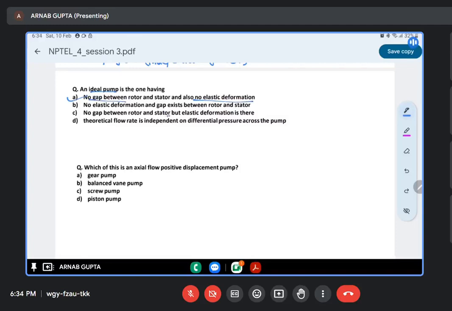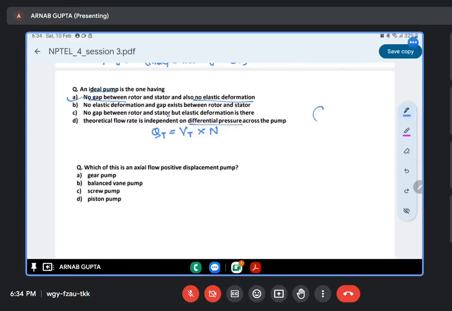The theoretical flow rate is independent of differential pressure across the pump. Theoretical flow rate is basically the volumetric displacement times the RPM. So for an ideal pump, we know that it doesn't depend on the differential pressure acting across the pump.